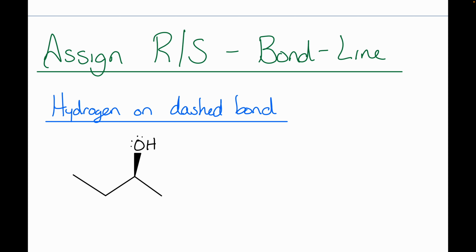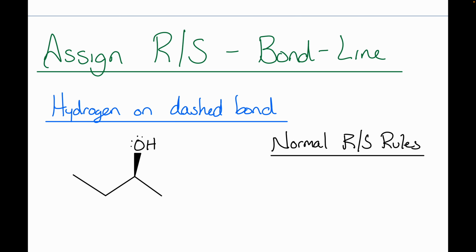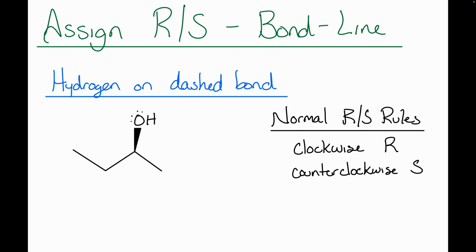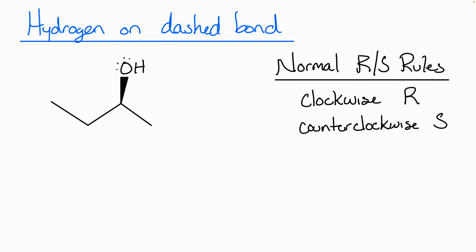All right, this is best case scenario because we're just going to use our normal R and S rules, where clockwise was R and counterclockwise was S. All right, hydrogen being that smallest atomic number is our lowest priority group.